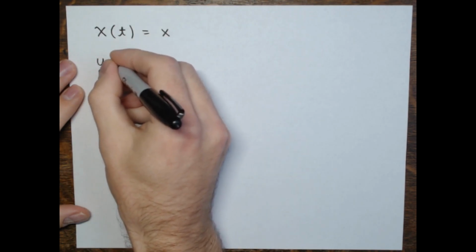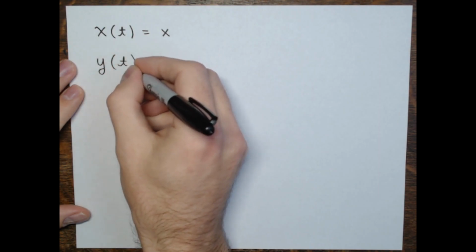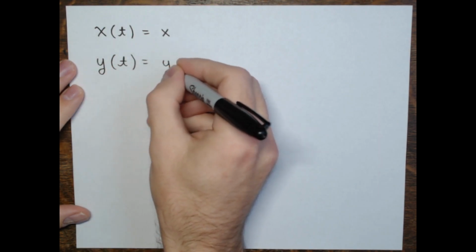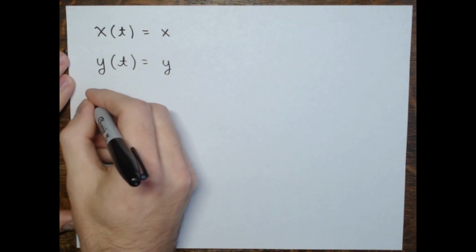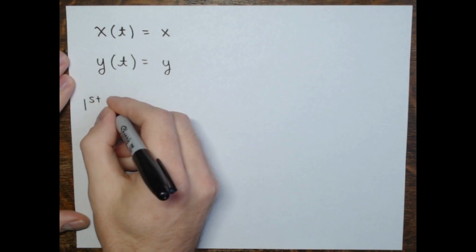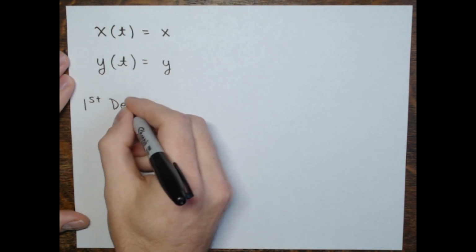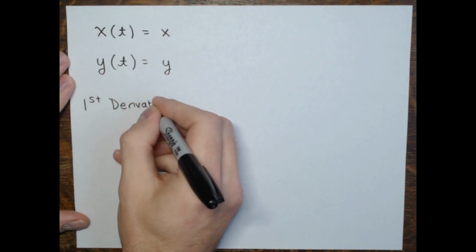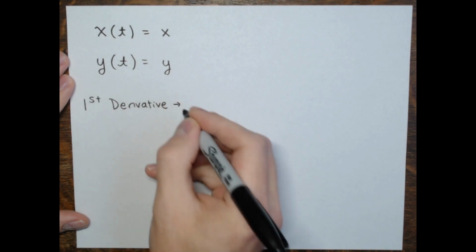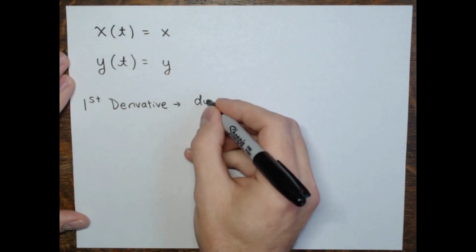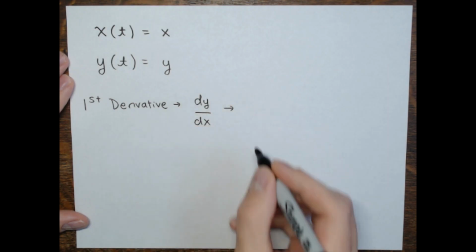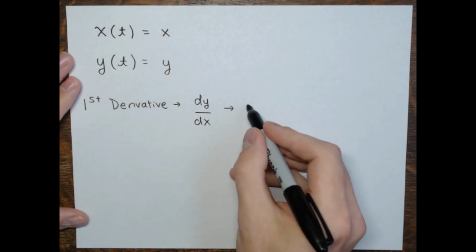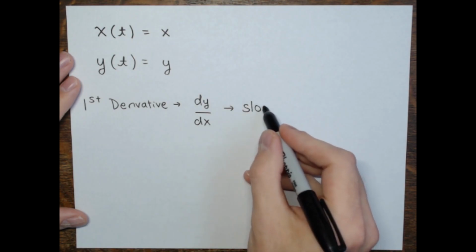And then the y coordinate also depends on this parameter t. The first derivative, dy over dx, remember, tells us the slope of the tangent line to a curve.